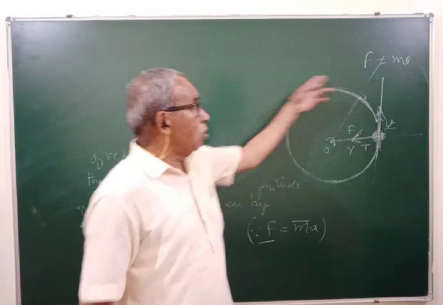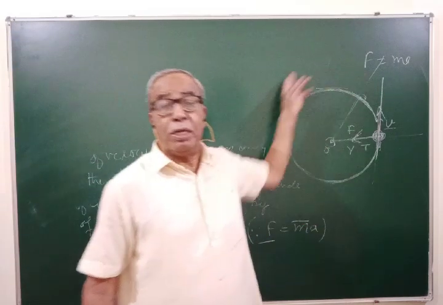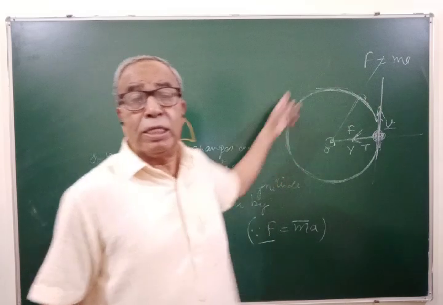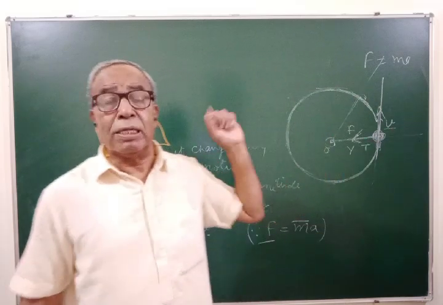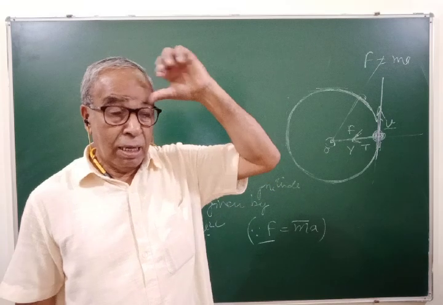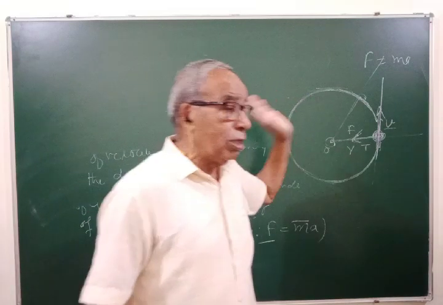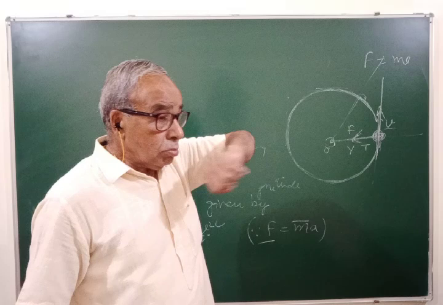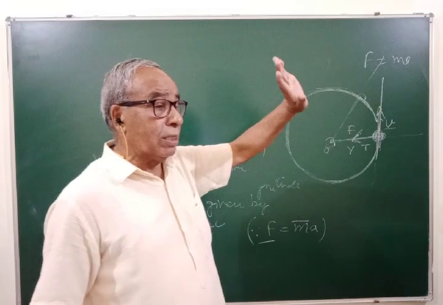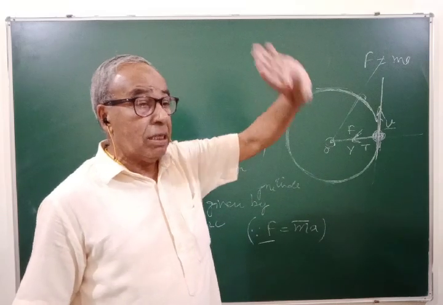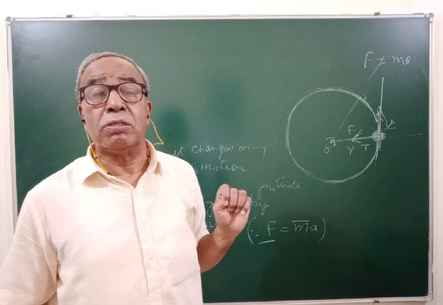When a body moves on a circular path with constant speed, the speed doesn't change, but the direction changes. Acceleration is there, which is called centripetal acceleration, a equal to v square by r. So this acceleration is to be produced by some force.